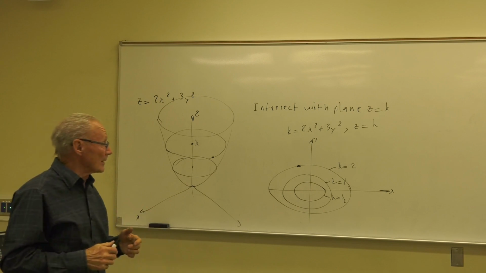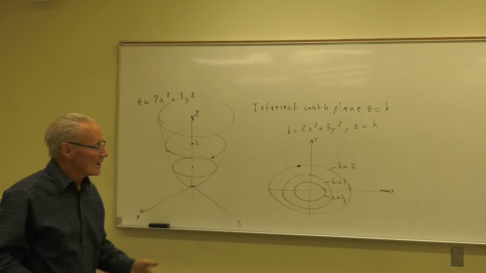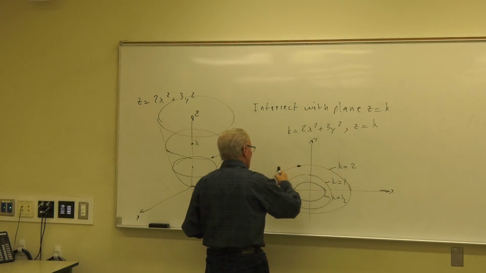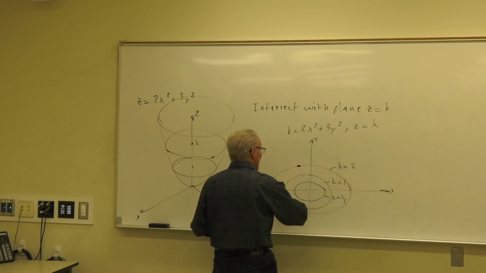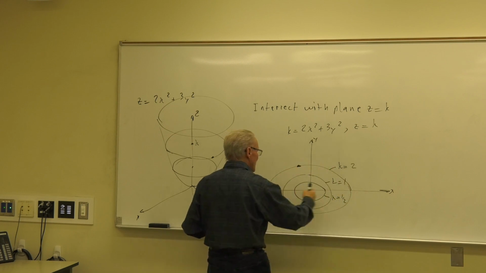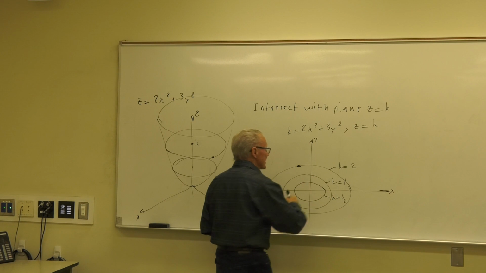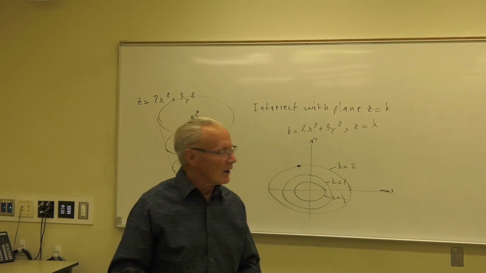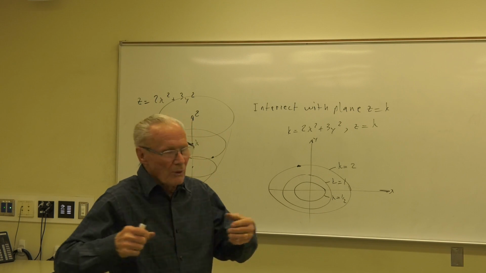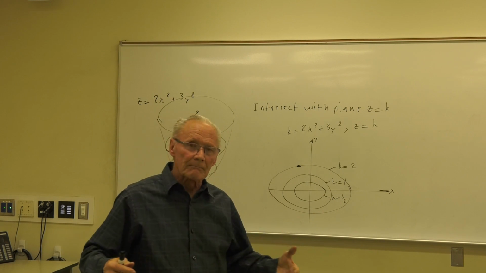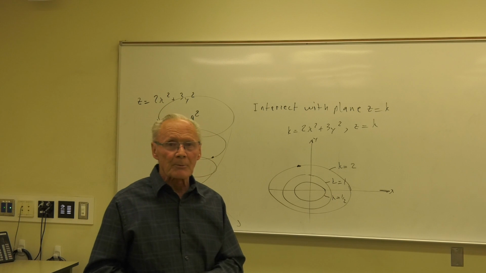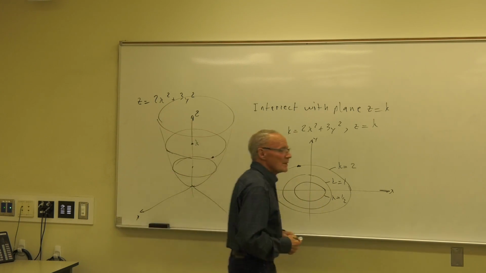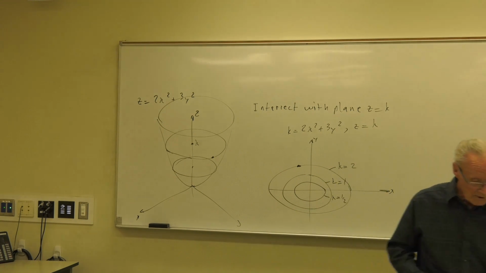You've seen them on climatic maps, where you have isothermals, where everybody on this curve has the same temperature. You also see isobars, which are points that have the same atmospheric pressure. So those things are common when you don't want to draw surfaces.